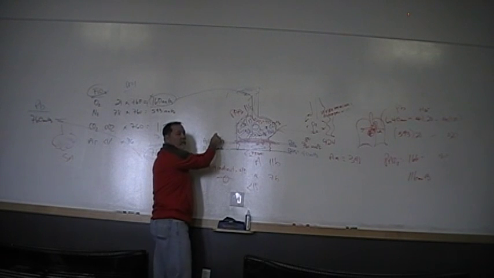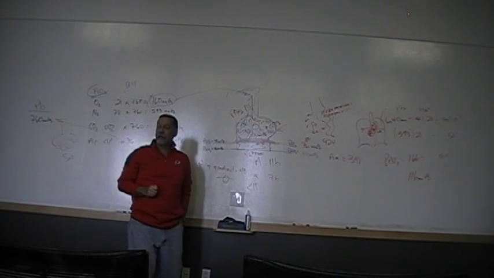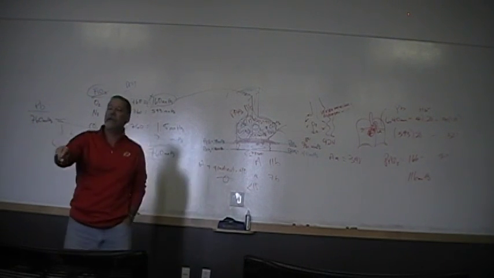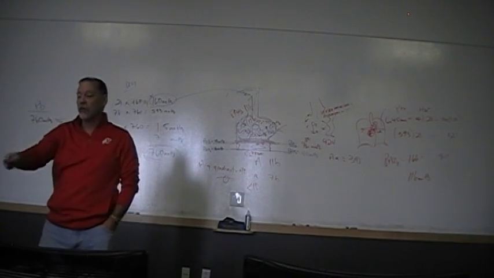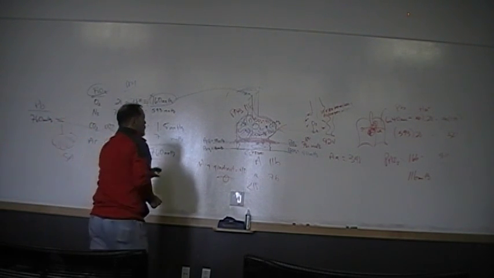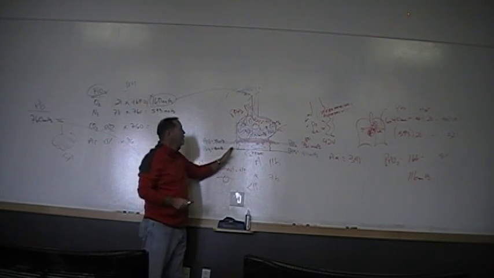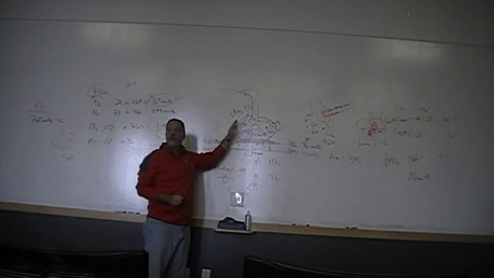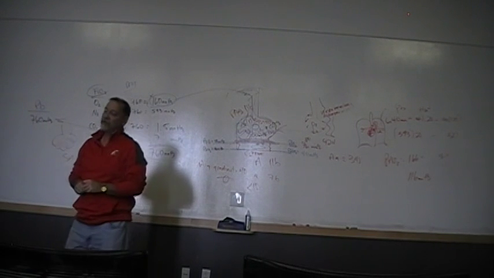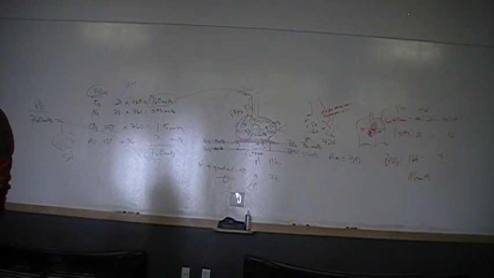For oxygen, we've got a partial pressure difference of 60 millimeters of mercury. But CO2, based on its solubility coefficient, diffuses 24 times faster. So even with a partial pressure difference of 6, CO2 still diffuses faster than oxygen does, based upon its solubility.